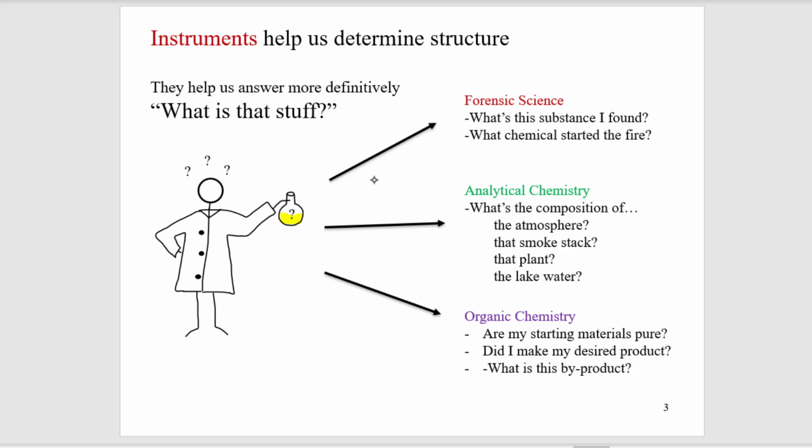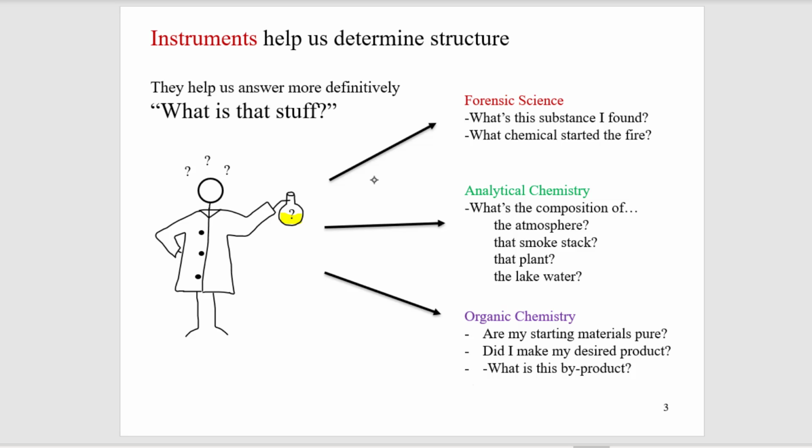Organic chemists, what you guys are going to be doing in lab, is simply, I'm going to make a new molecule, maybe for the purpose of a pharmaceutical, maybe for a material, maybe a design that you're trying for the first time, and you're not sure if you've made the compound you wanted. How do you know? It's a new compound. It doesn't have a melting point reported in the literature. It's never been made before.